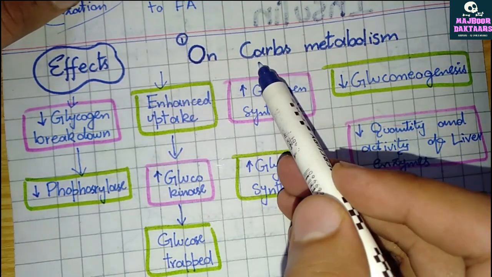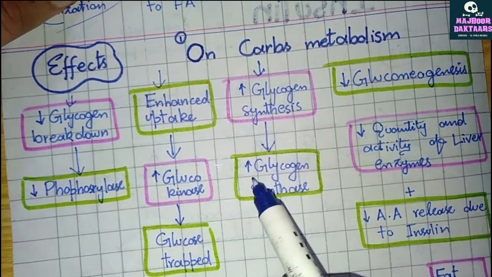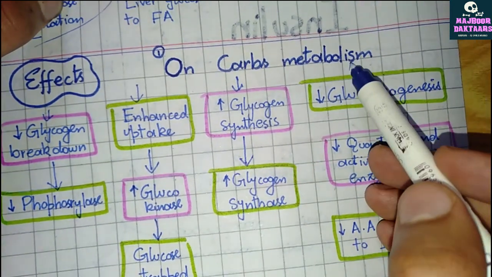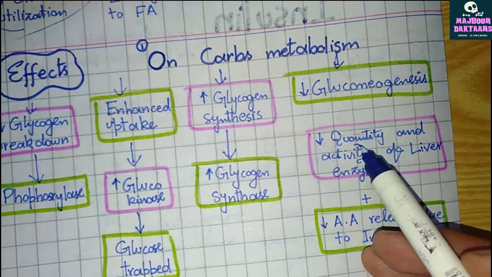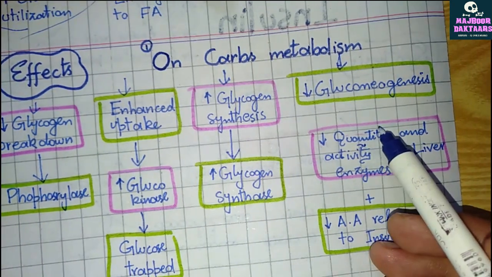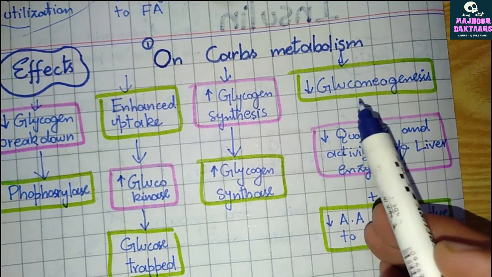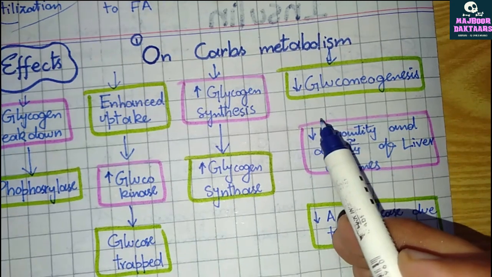Now it increases the glycogen synthesis by increasing the activity of glycogen synthase. Similarly, it decreases the gluconeogenesis because insulin has to decrease the blood glucose level, so it decreases the de novo synthesis of glucose. How does it do so?